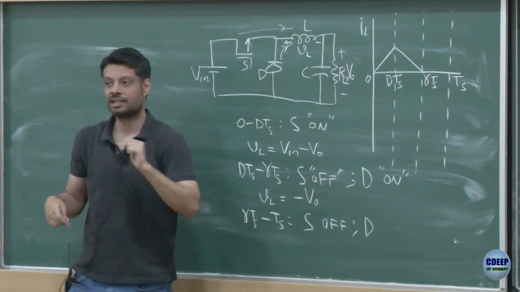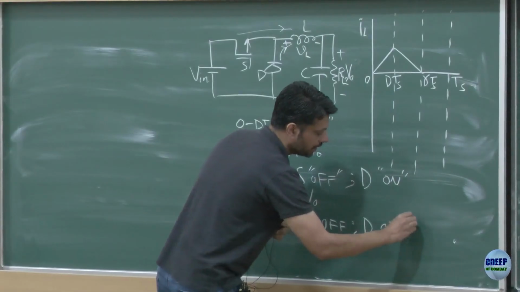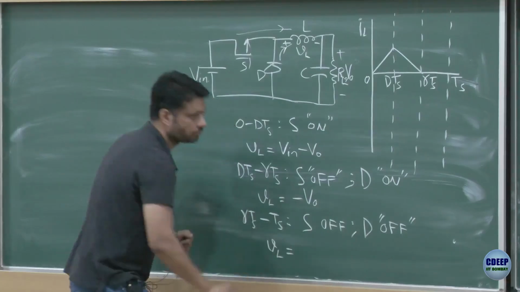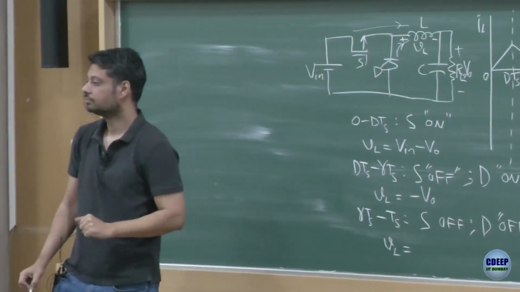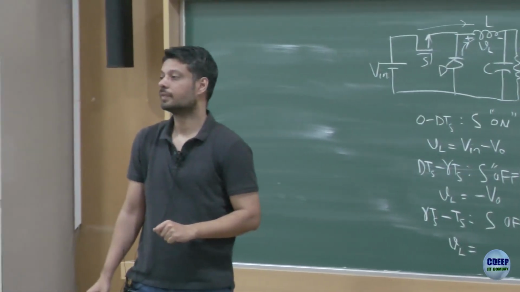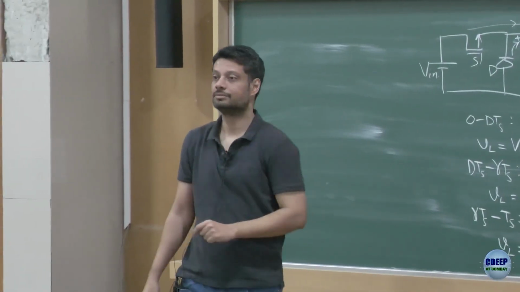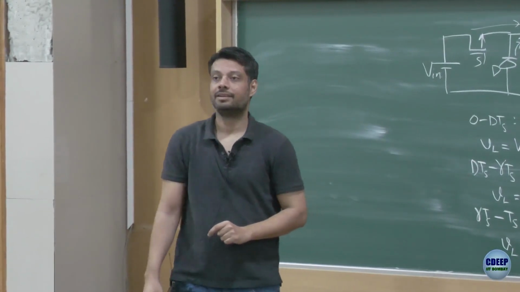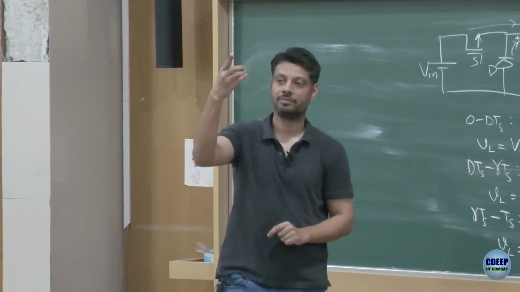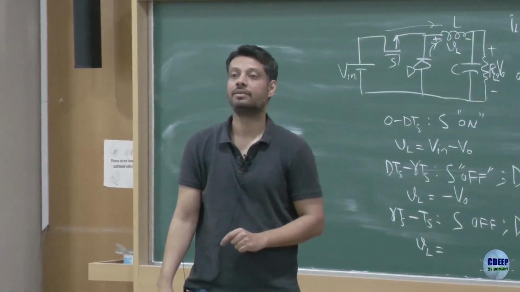What is the voltage across the inductor now? Diode is open, switch is open, what is the voltage across the inductor? 0.